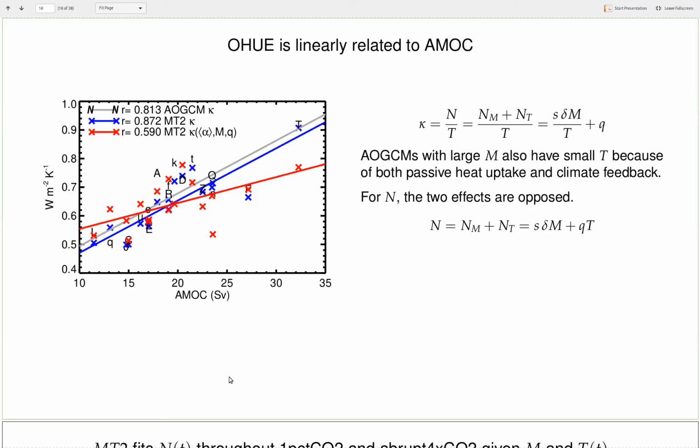Models which have a higher climate sensitivity have a higher T, but those are also the ones with a smaller delta M. So the NM and the NT terms, which act together in the ocean heat uptake efficiency, are opposed to each other in N. And that explains why there isn't a correlation between the amount of heat taken up and the AMOC, although there is a correlation with the ocean heat uptake efficiency.